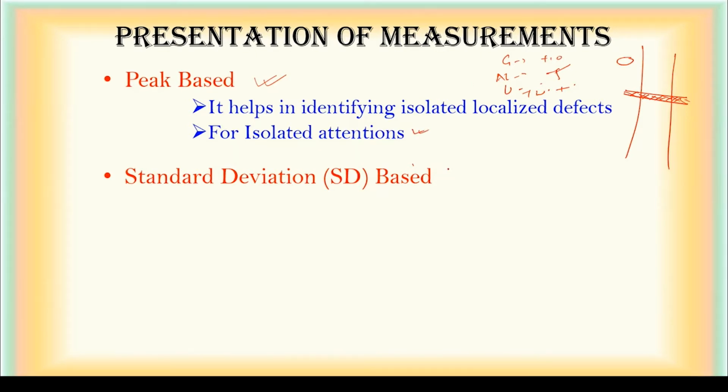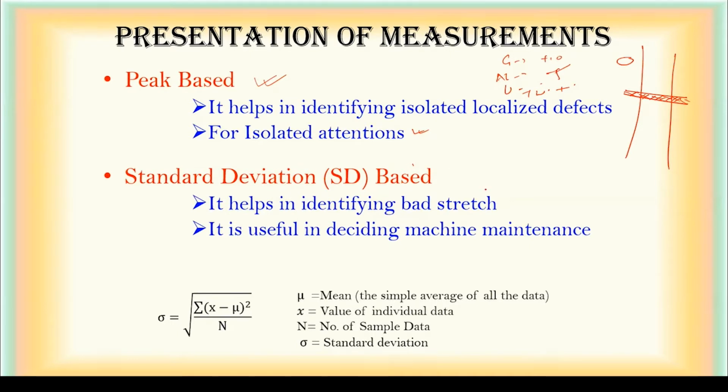The standard deviation based system helps in identifying bad stretches. What we do is take track parameters at every 25 centimeters by TRC. You can see it at every 25 centimeters. Means in a kilometer you will get about 4,000 data points for a single parameter.